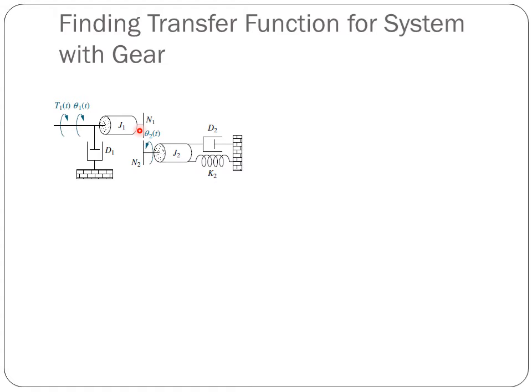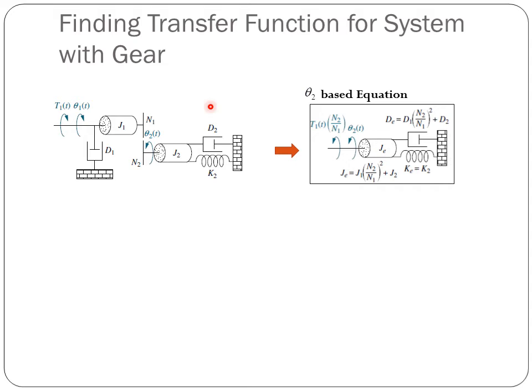Only one, because theta 1 and theta 2 are dependent by the factor n2 by n1. So we will try to write down only one equation, either on the right side or on the left side. Let's try to write down on the right side based on theta 2.